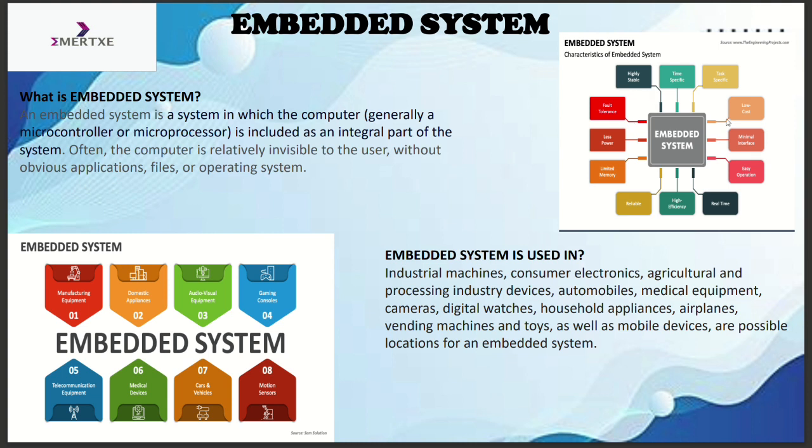It is highly stable, time specific and task specific. It is low cost. Embedded systems are mainly used in industrial machines, consumer electronics, agricultural processing industries, automobiles, medical equipment, cameras, digital watches, household appliances, airplanes, vending machines, and toys, as well as mobile devices.